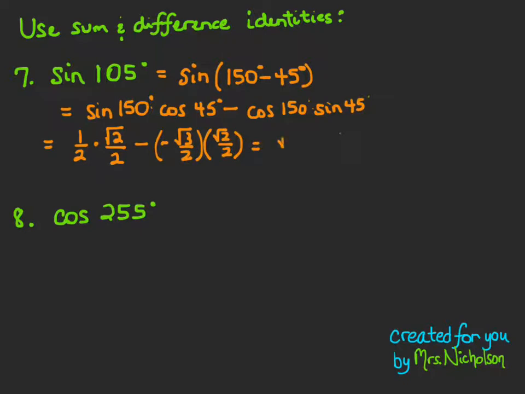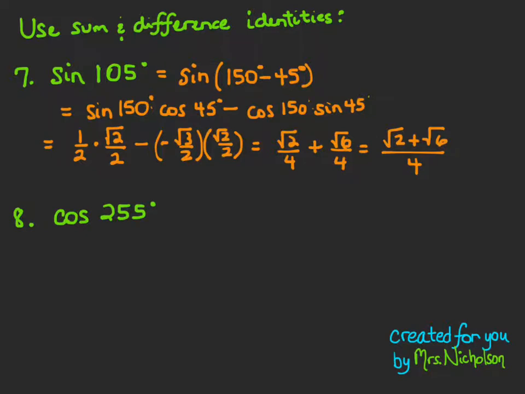If I multiply this out, I get square root of 2 over 4. And then I have minus times a negative, so that's going to become plus square root of 6 over 4. And for my final answer, since I've got a common denominator, let's go ahead and combine those into one fraction. Square root of 2 plus the square root of 6 over 4.